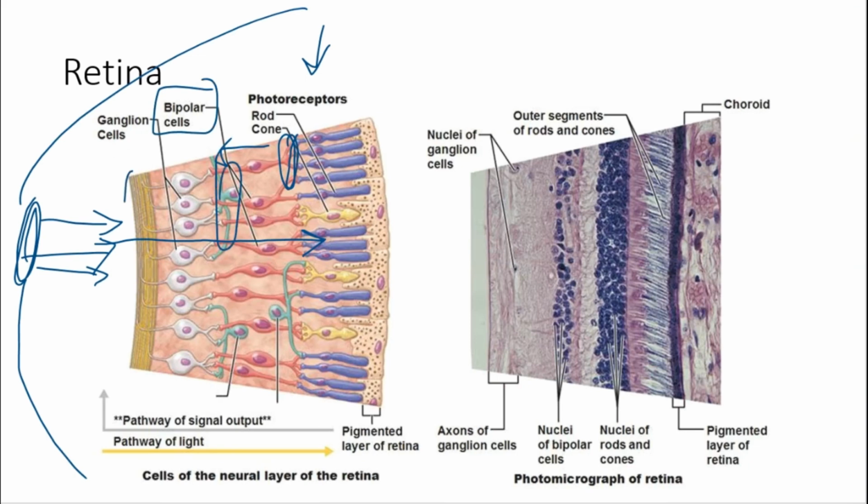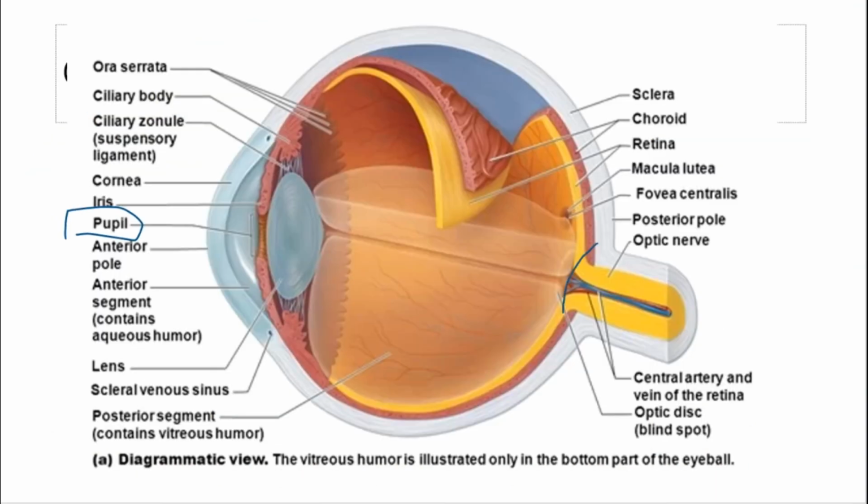The axons of the ganglion cells converge and bundle together into the optic nerve, and the optic nerve comes out of the eyeball on the back side. Here is the opening, the optic disc, and the optic nerve comes out from this area here. We'll review everything we just covered again when we get to the lab.